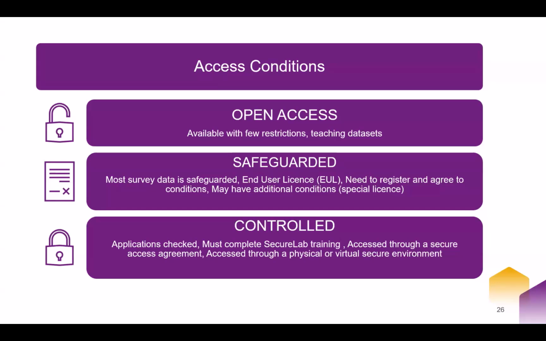But applications for use of this data must be checked and agreed to, and also outputs from this data are also checked because it contains those most secure, high-level, possibly disclosive variables.